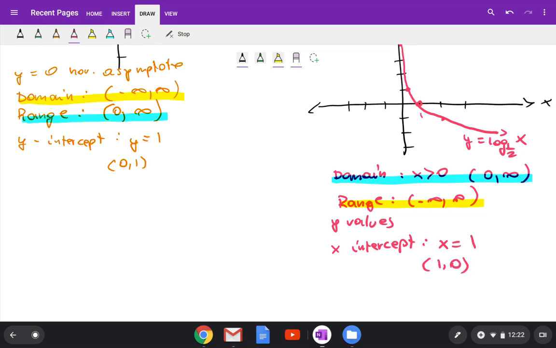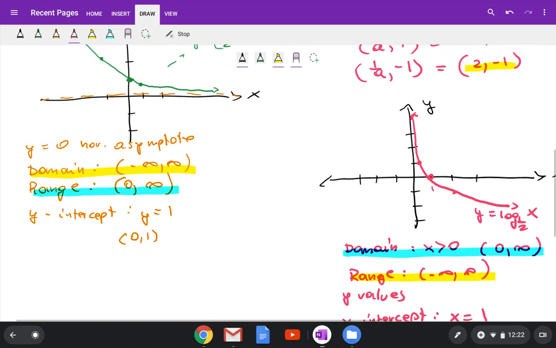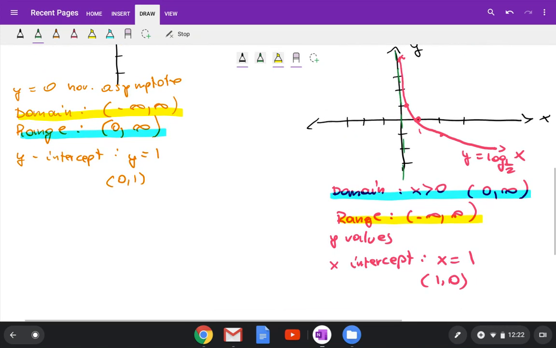Since the domain is restricted, we're going to have a vertical asymptote: x equals 0 is the vertical asymptote.